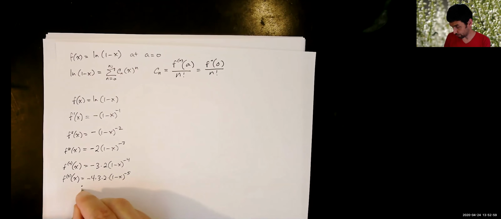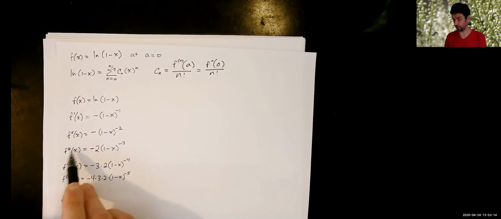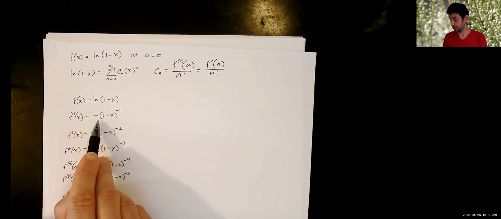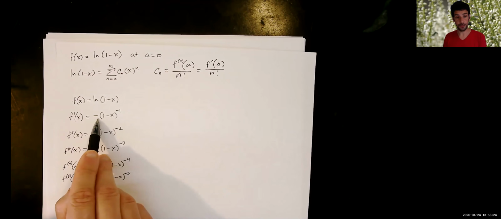In other words, what it's looking like is the nth derivative. What do I have? When I had the fifth derivative, I've got a 4 factorial sitting here. When I had the fourth derivative, I had a 3 factorial. Third derivative, 2 factorial. Second derivative, 1 factorial. First derivative is a 0 factorial.